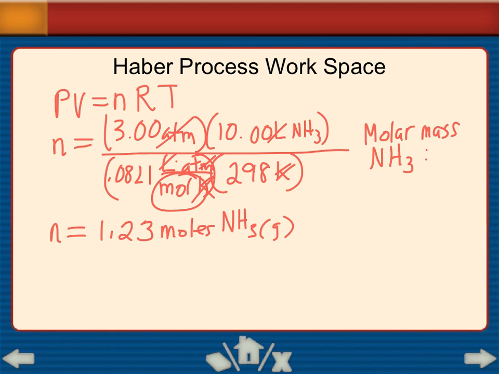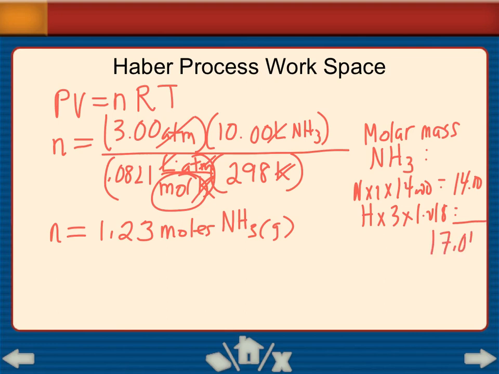Basically that should be N times 1 times 14.00, plus H times 3 times 1.008, which comes out to be 17.04 grams per mole of ammonia for its molar mass.